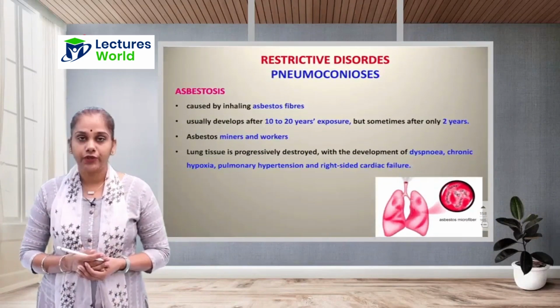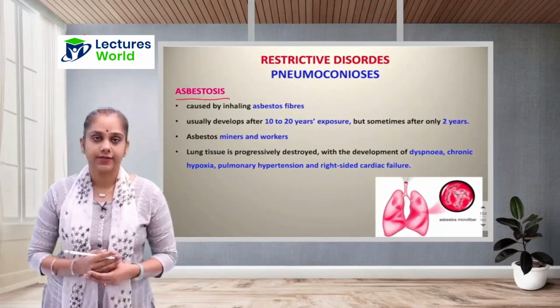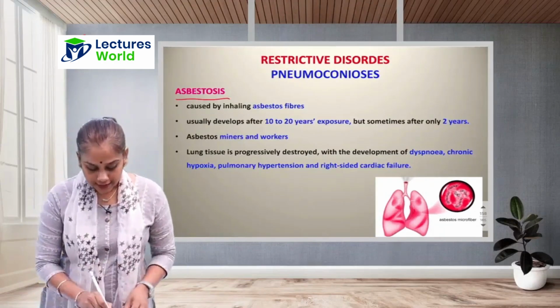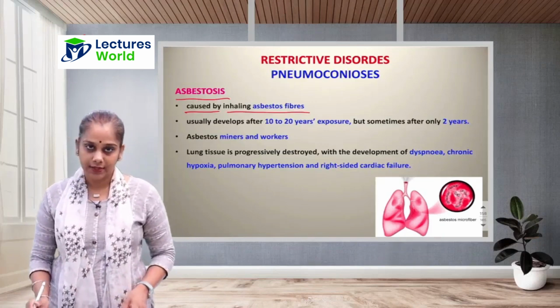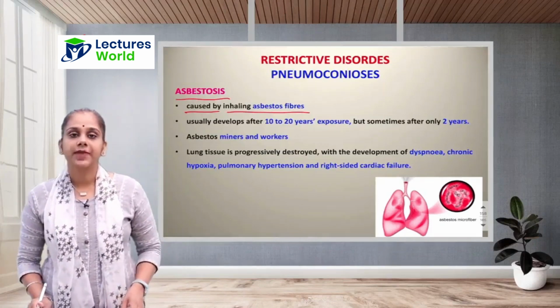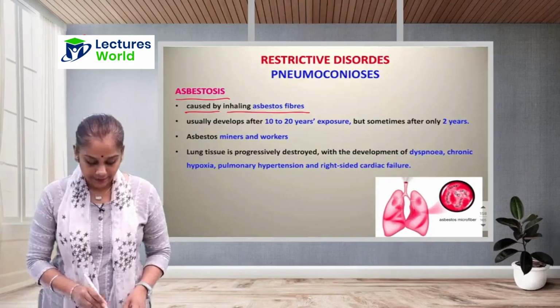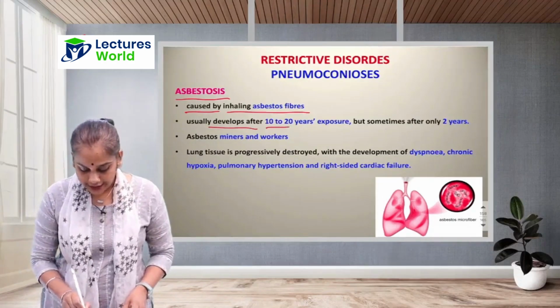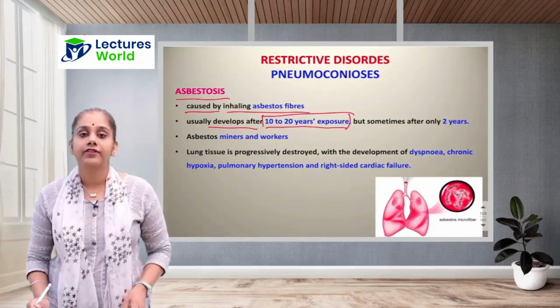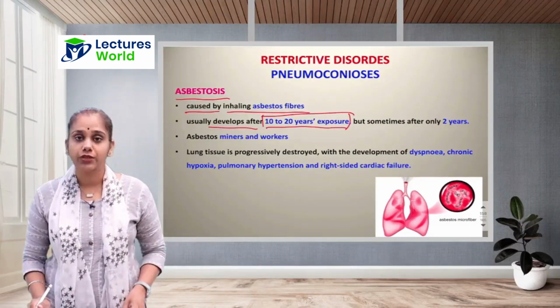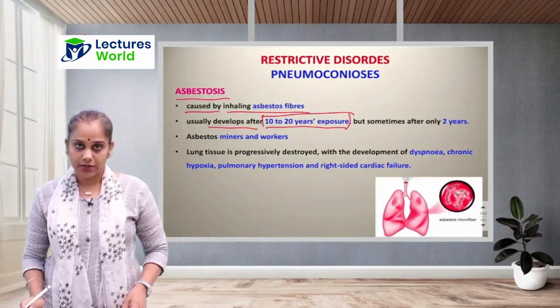Now, in pneumoconiosis, asbestosis. It is generally caused by inhaling asbestos fibers. It usually develops after 10 to 20 years of exposure, that is, after long-term exposure to asbestos.